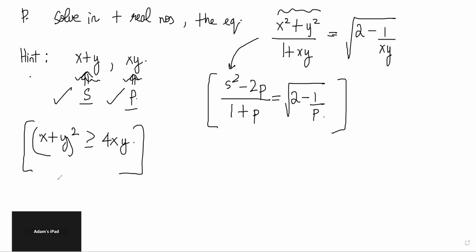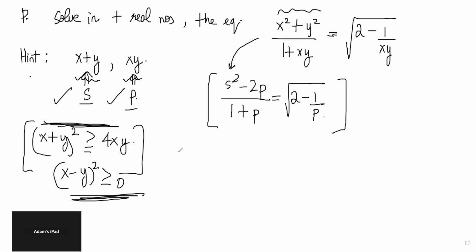Because you can get x minus y whole squared is greater than or equal to 0 if you bring it to this side, is it becoming this? Yes. Is that obvious? Yes. So is it true, this thing? Yes.